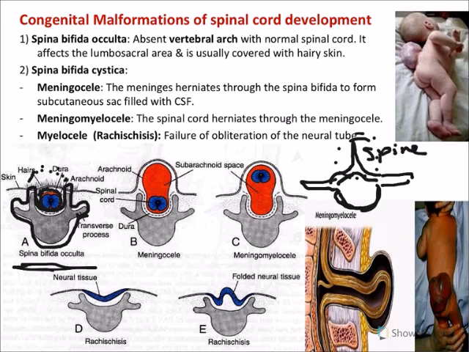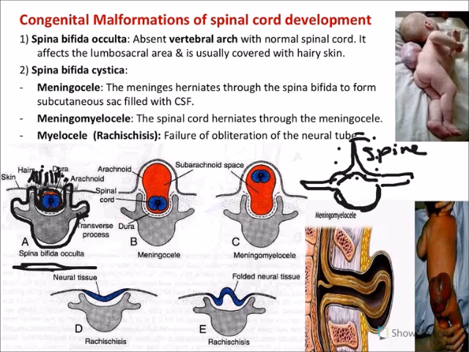This is obvious in babies as hairy skin, so you find some hairs in the lumbosacral region. This is the most common site of spina bifida occulta, the lumbosacral region. As you see, there is absence of the vertebral arch, but the spinal cord stays inside.